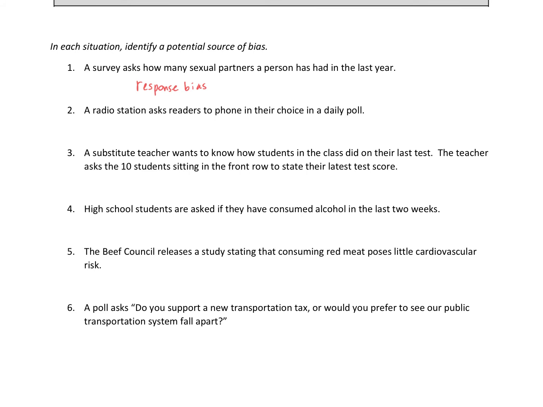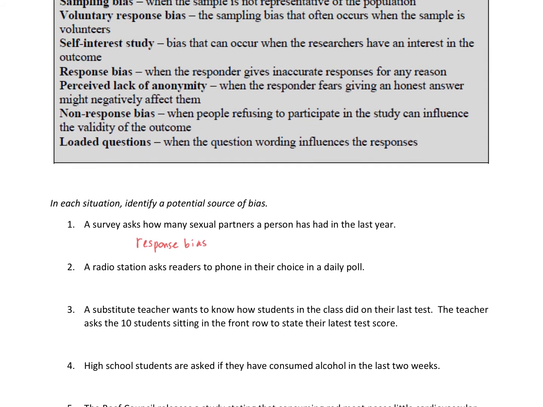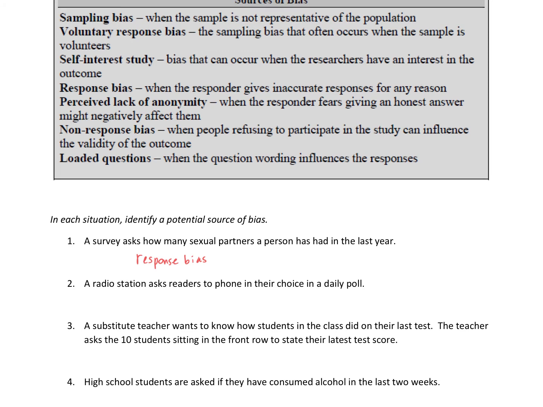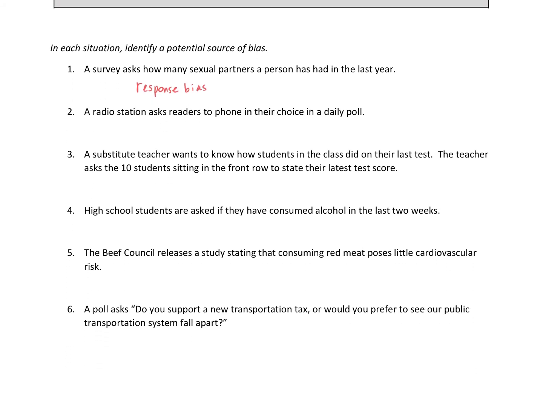Historically, men are likely to overreport and women are likely to underreport to this question. Number 2, a radio station asks listeners to phone in their choice in a daily poll. This is a voluntary response bias.